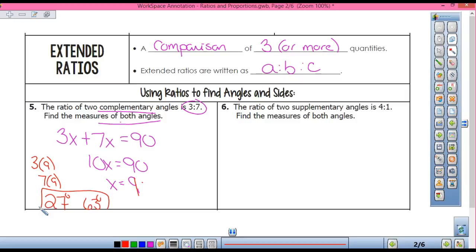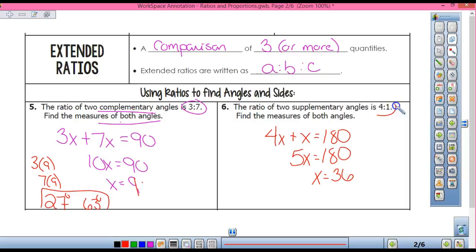Okay, so number 6, I've got supplementary angles. So how am I going to set up 6? Yep, 4x plus 1x. Now I'm equaling 180. So 5x equals 180. X equals 36.